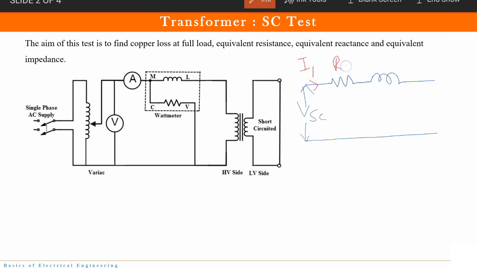Here you have R naught 1, here you have X naught 1. Together they make the impedance Z naught 1. And here it is short circuited, and hence V2 becomes 0. So this is the simplest equivalent circuit for this SC test. Got it? Okay.